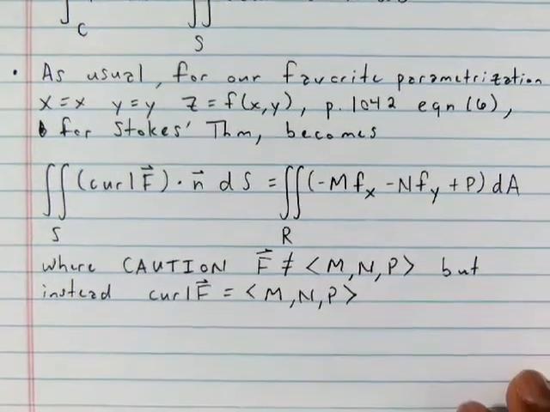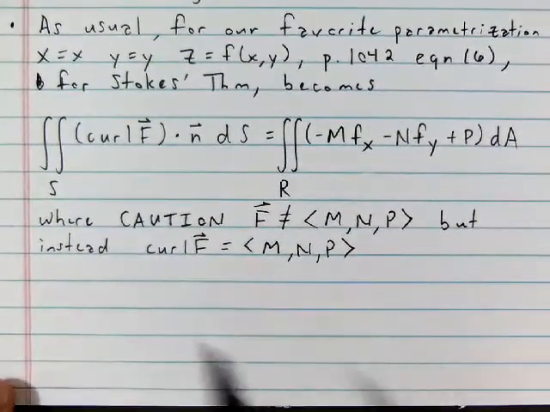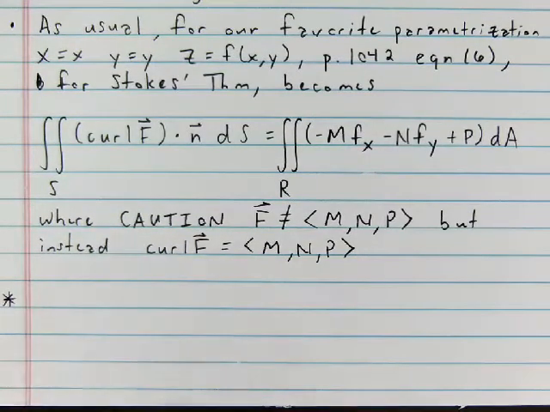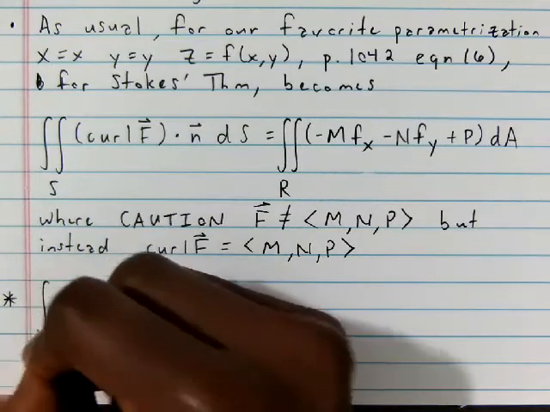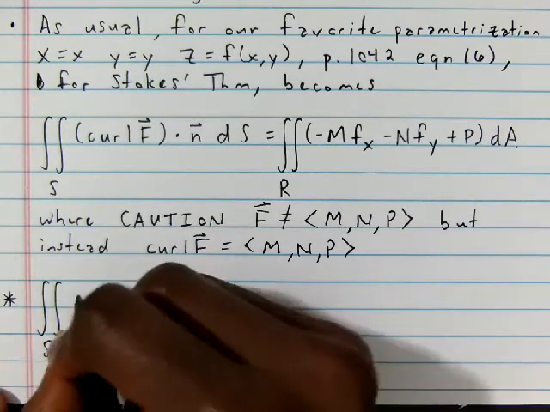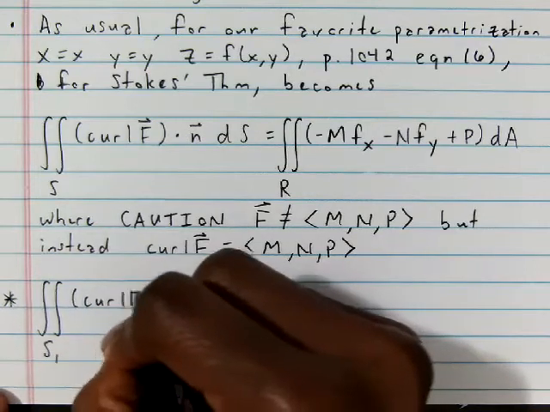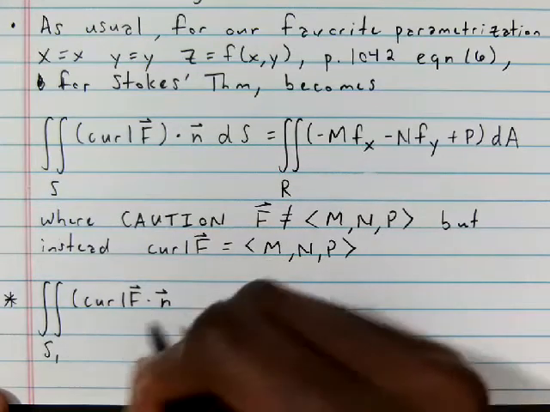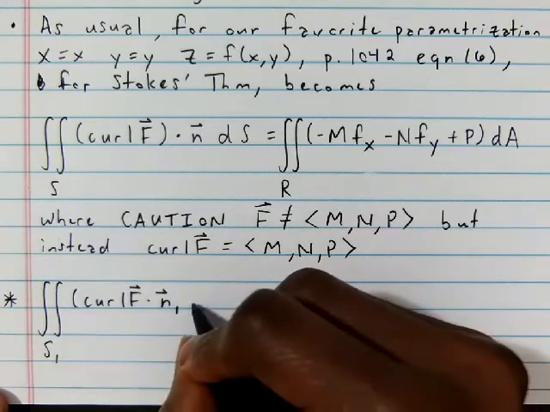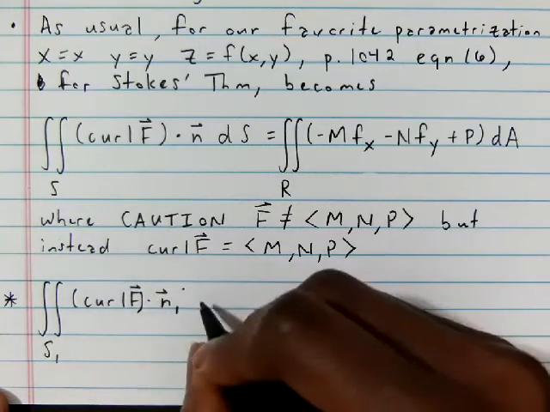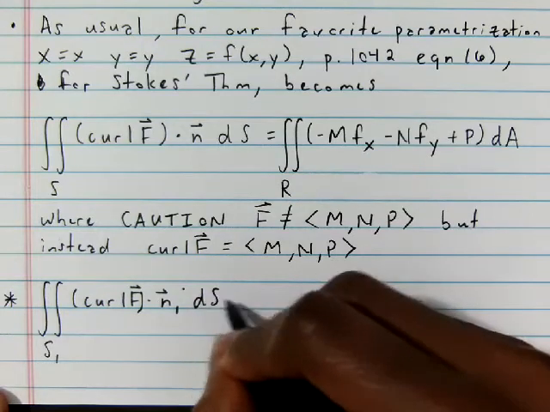Then arguably probably the most important formula for using Stokes theorem is that the surface integral over surface S1 of the curl of F dot a normal vector to the surface, we'll call it N1, the curl of F dot N1 dS.